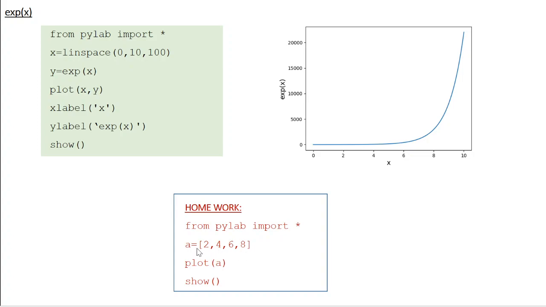So I have only a single list A. If I write plot A, is this valid code? Can I draw a graph using only one axis? If the answer is yes, then will A be treated as the x-axis or the y-axis? If I say A is the y-axis, then what will be my x-axis? These are the questions you need to answer.